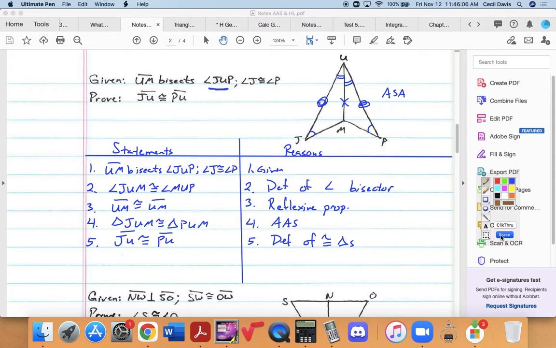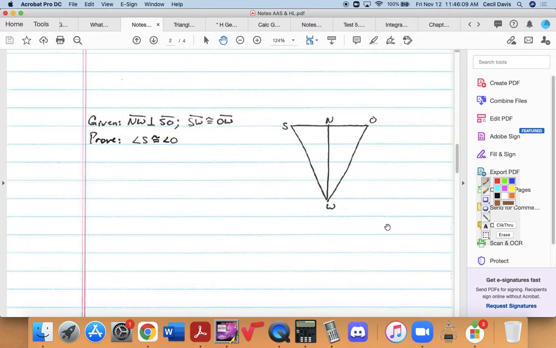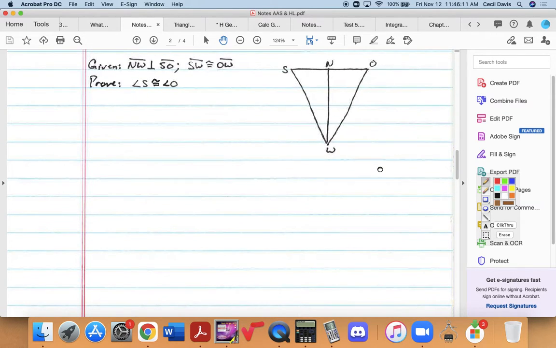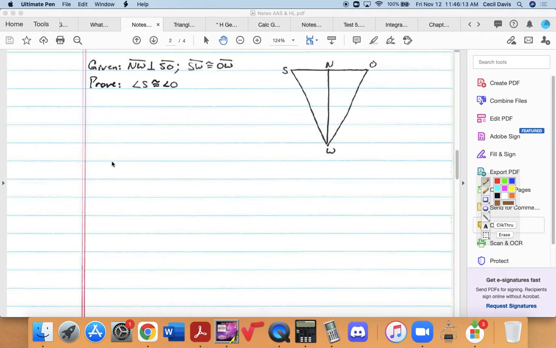All right, let's go on to the next one. I'll do this one as a flowchart proof. If you really hate flowchart proofs, feel free to do it as a 2-column.